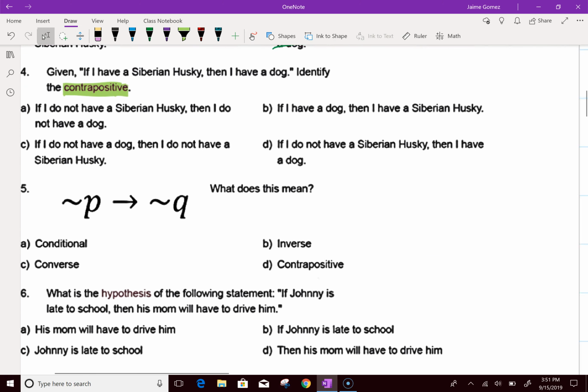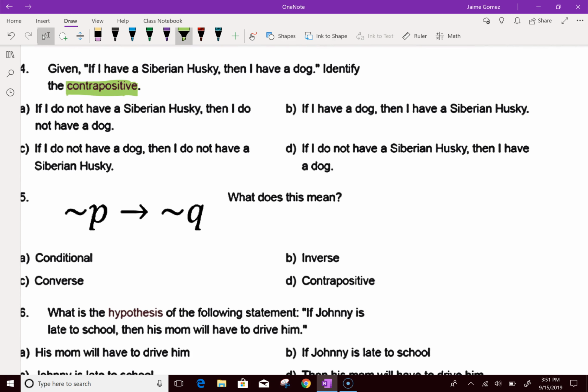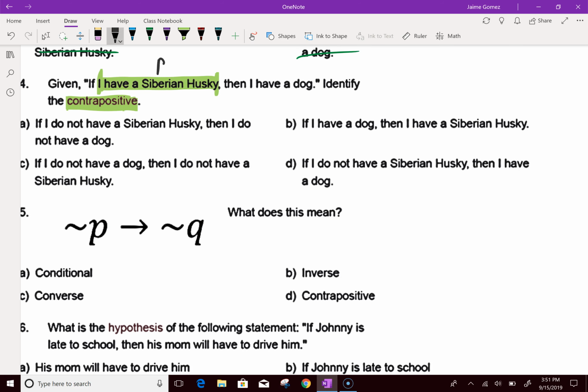So for number 4 here, from right here to right here, that's P. From right there to right there, that's Q. But now we want to say not Q, not P. So now it's going to be if, then you're going to put not Q. So you're going to put a little not here.